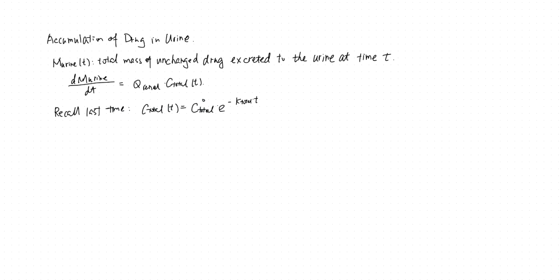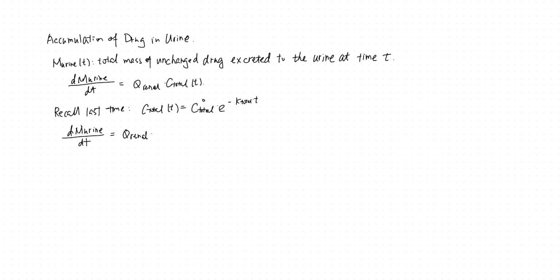Anyway, we had this equation. We are now going to use this result to plug into our urine equation. So we would assume Q renal will be a constant.